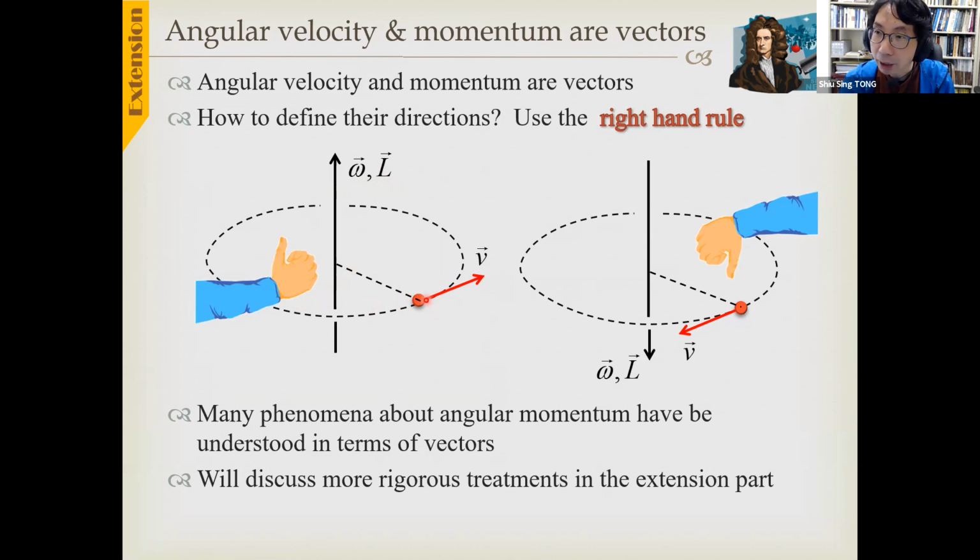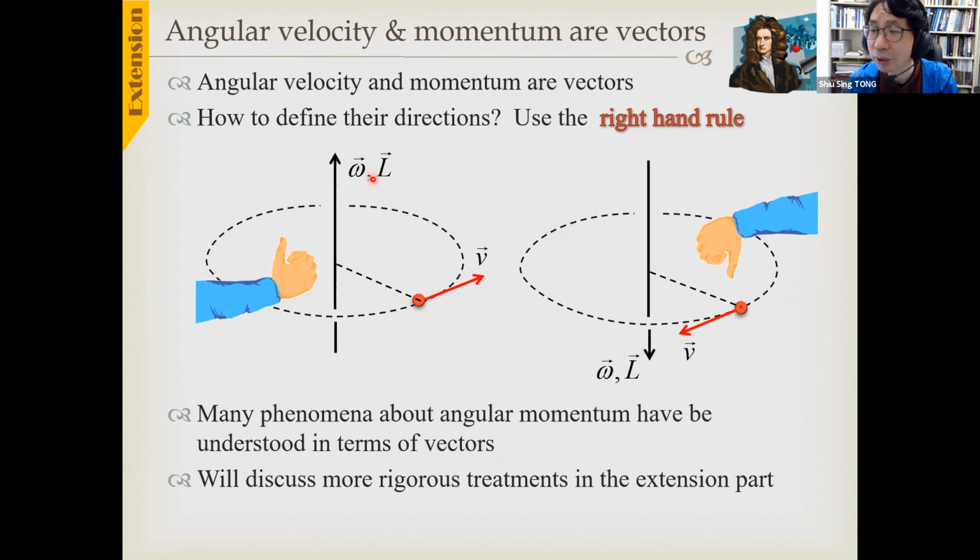If a particle rotates about a certain axis in this sense, then we use our right hand. Our forefinger goes along the linear velocity of that particle, curved like this. Then the angular momentum or the angular velocity of that particle has a direction defined by the thumb of my right hand.